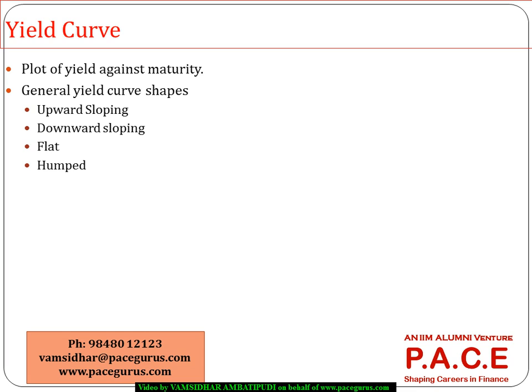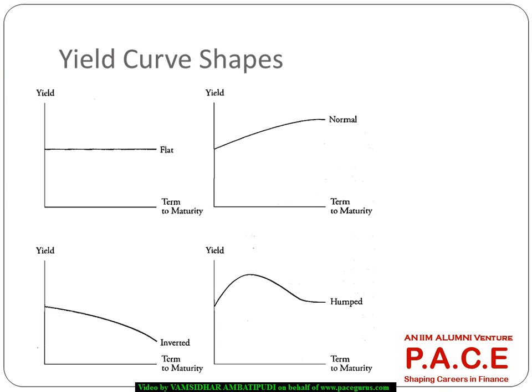Then another concept which we talk of here is the yield curve. We have already discussed the definition of the yield curve. The interest rates for different maturities, if I am plotting them on a curve, I call it a yield curve. So there are various shapes associated with the yield curve. In some cases, this is the most normal kind of shape.